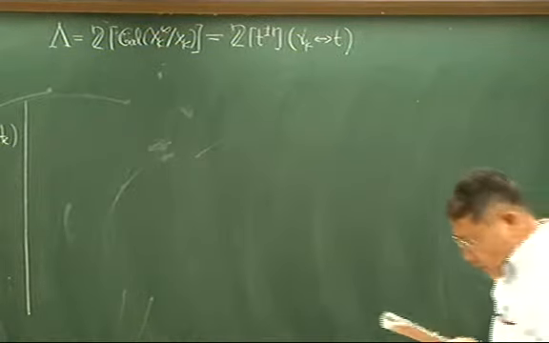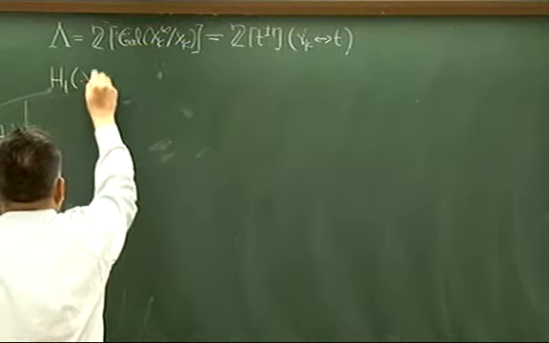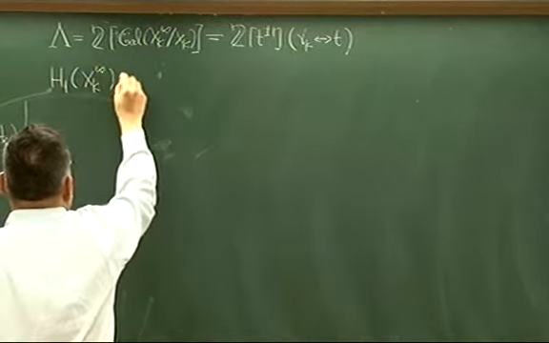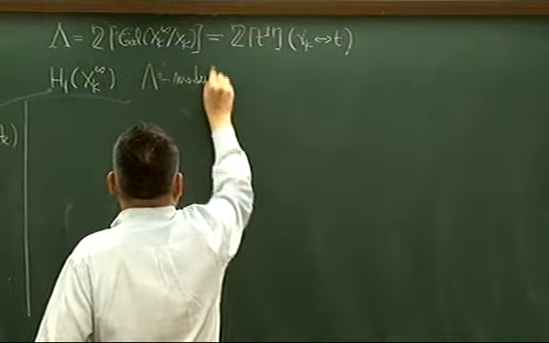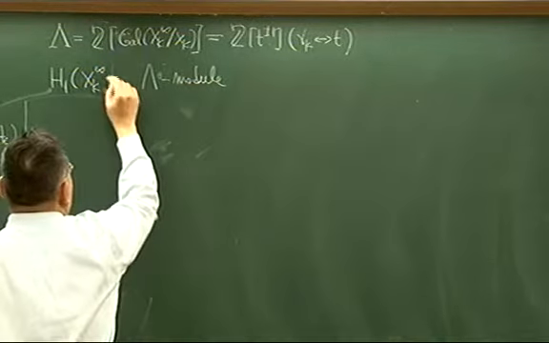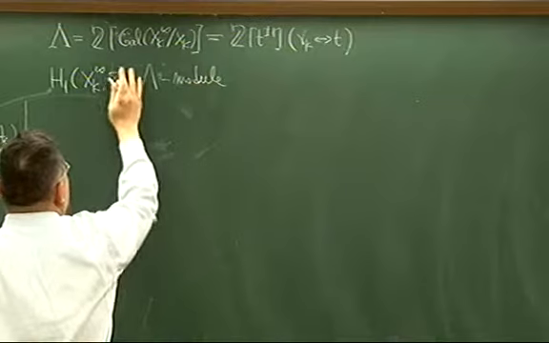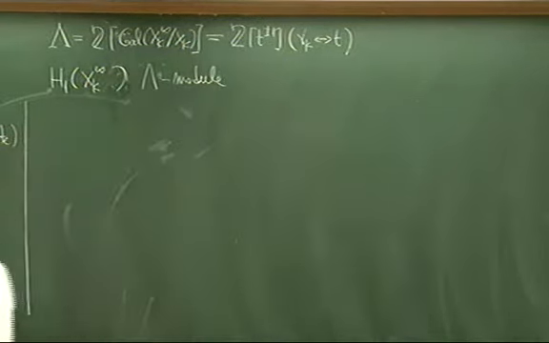Then the homology group of the infinite cyclic cover is naturally a Lambda-module, because the Galois group acts on the homology group. I always consider the Z-coefficient homology group.